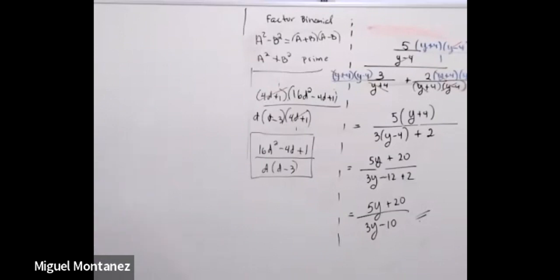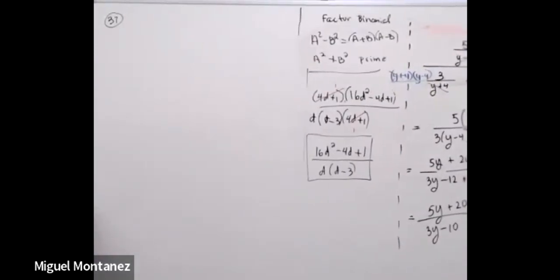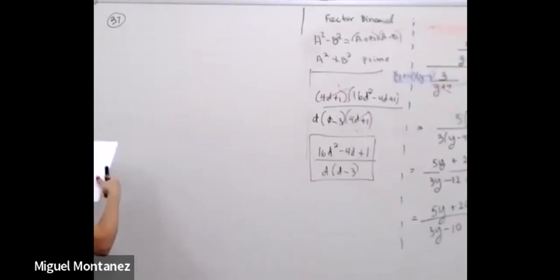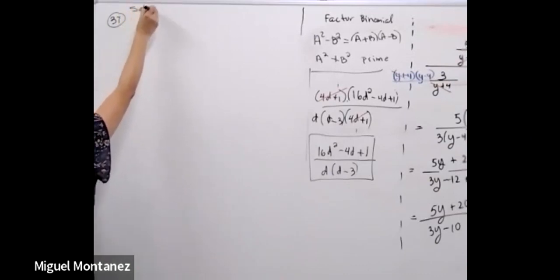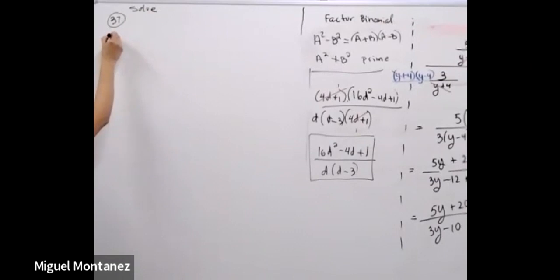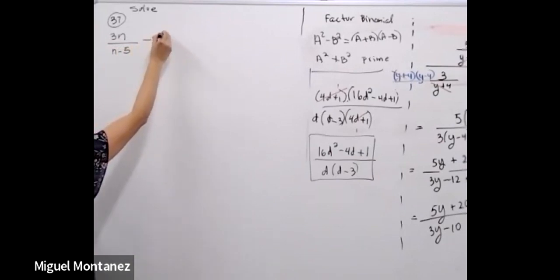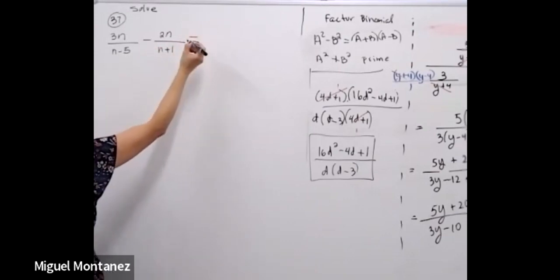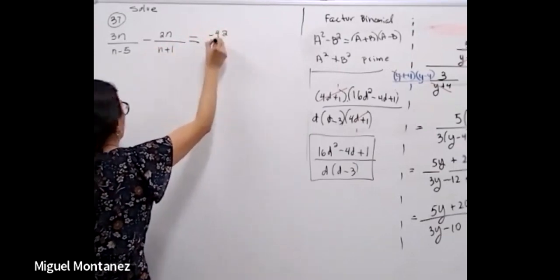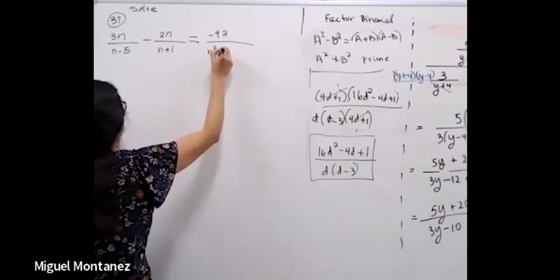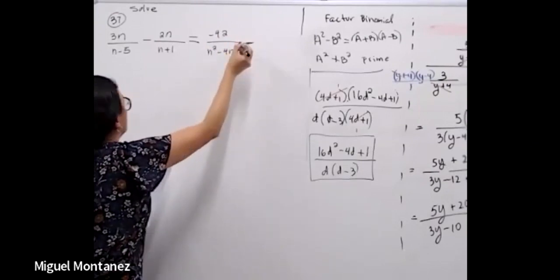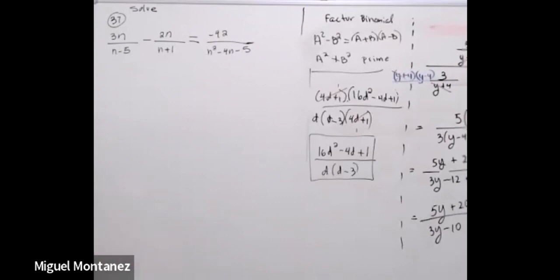Number 37. Let's see. We have solving. 3n over n minus 5 minus 2n over n plus 1 equals negative 42 over n squared minus 4n minus 5.